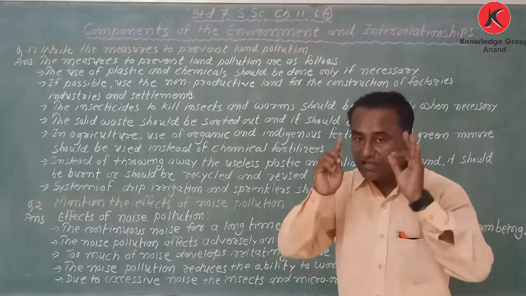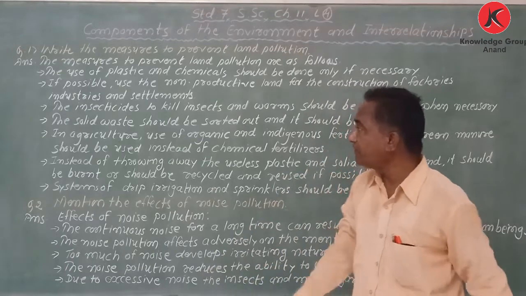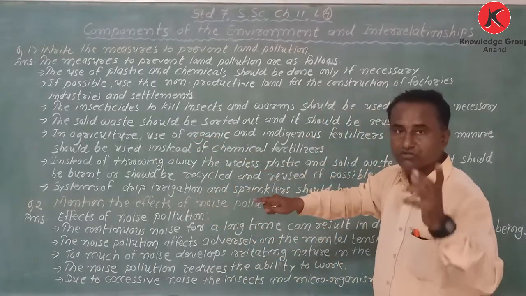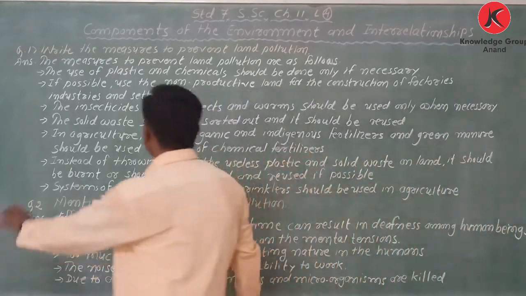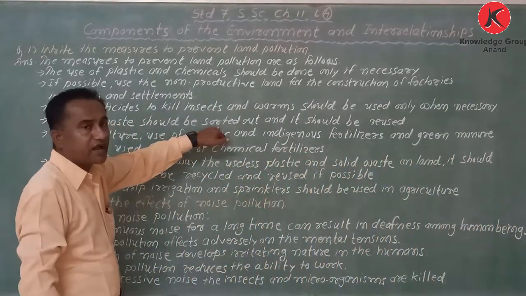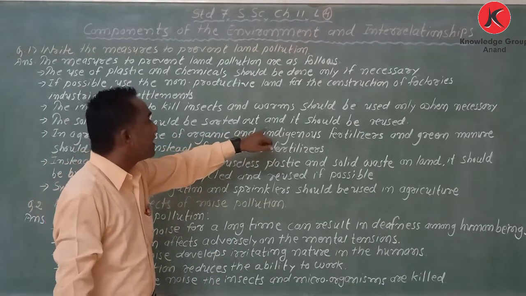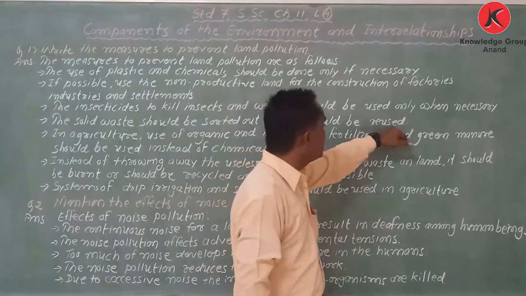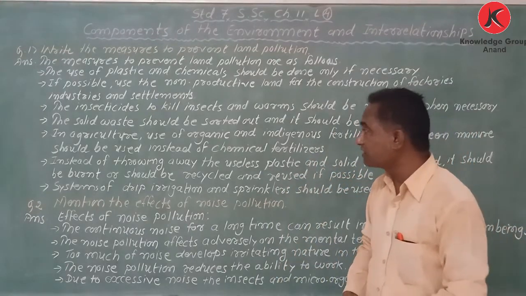My dear student, if it is necessary, then only you can use. Okay, so next one, the solid waste should be sorted out, and it should be reused. My dear student, that is the most important thing.